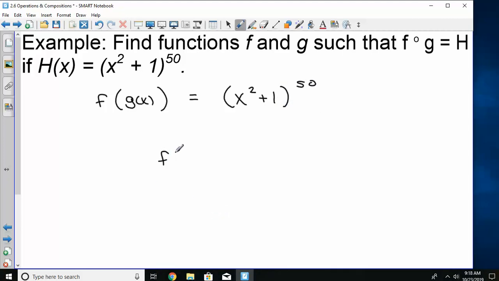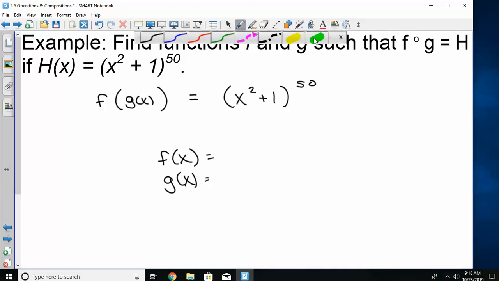I want you to take this apart and figure out what your original f of x and g of x were. Now, there are often multiple possible answers on these. And in this one, there's probably at least 3 different correct answers. I just like to go with the easiest option, okay?